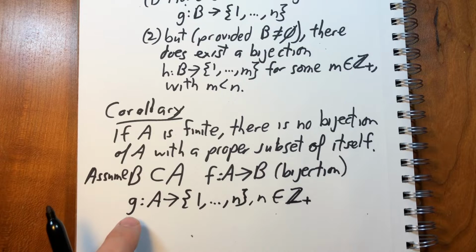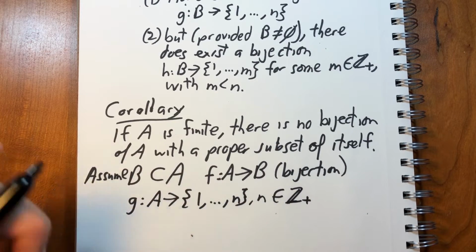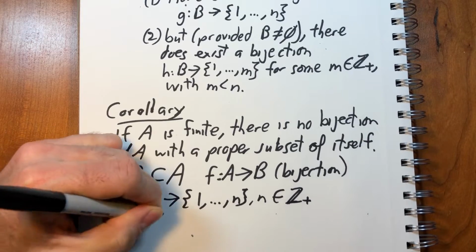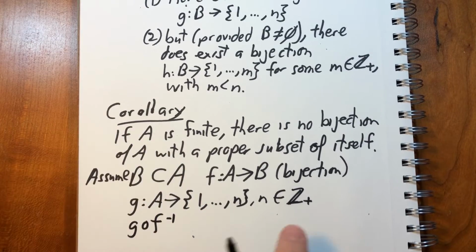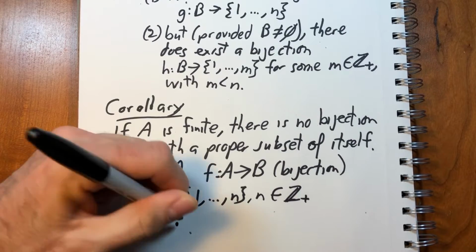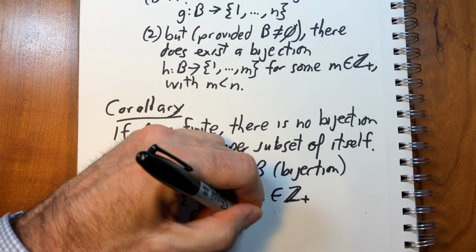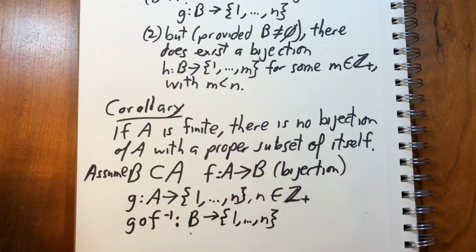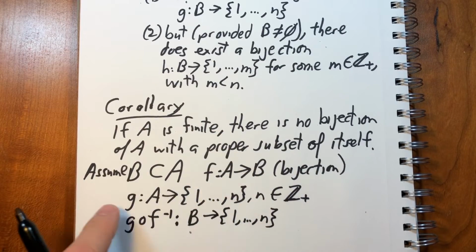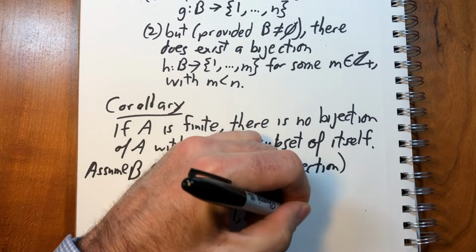Now we're going to make a composite of g with the inverse of f. Because f is a bijection, the inverse exists. The inverse of f is from B to A, and then g is from A to 1 to n. Because both of these are bijections, their composite is a bijection from B to 1 to n.